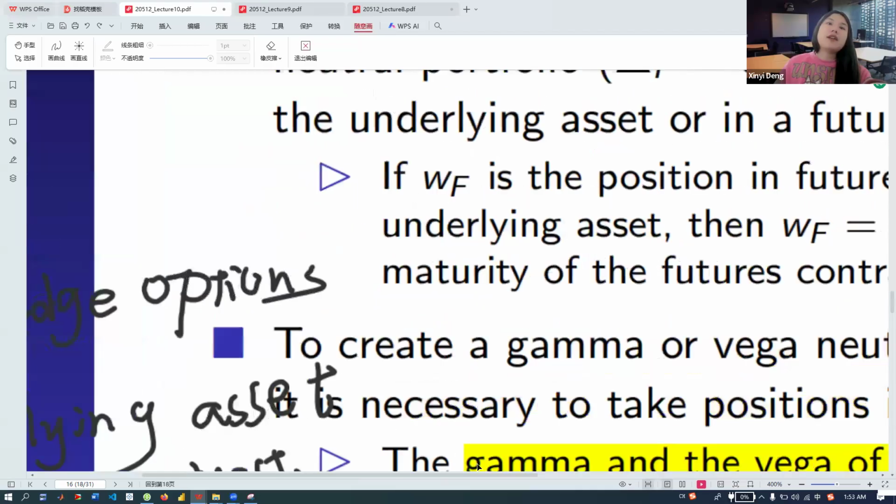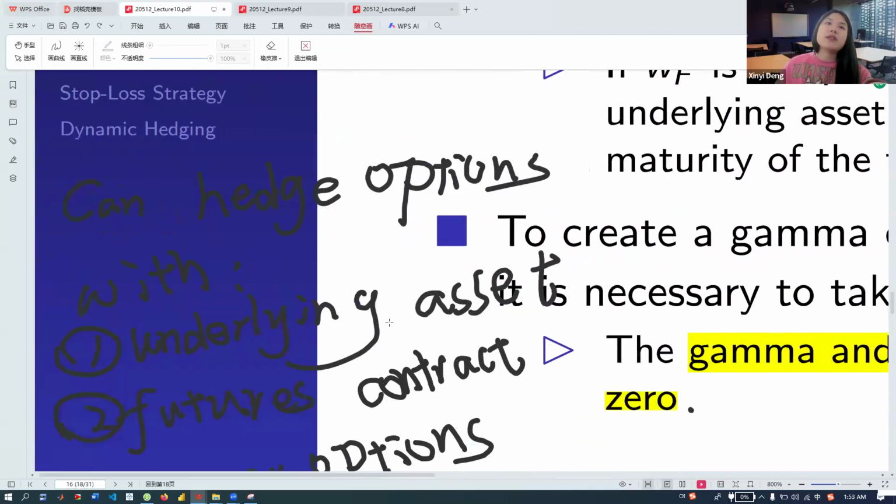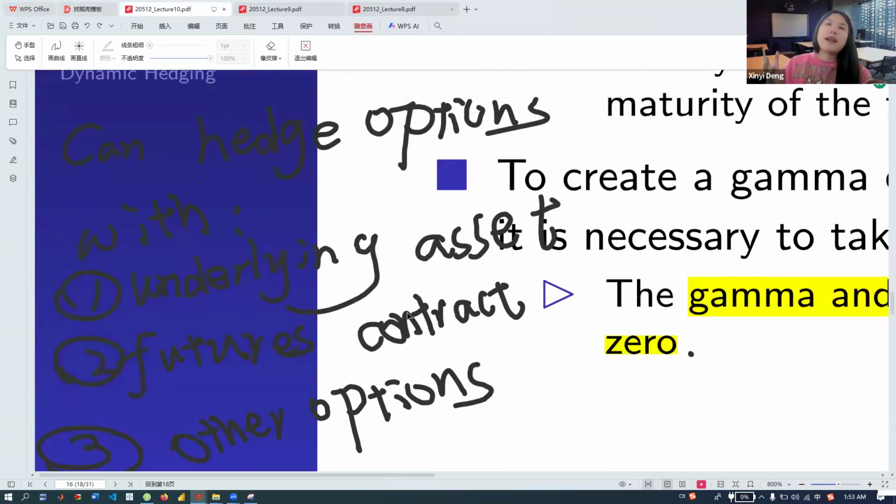The alternative assets we can use to hedge options include the underlying asset, futures contracts, and other options.